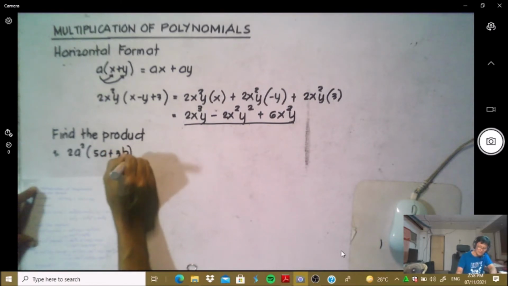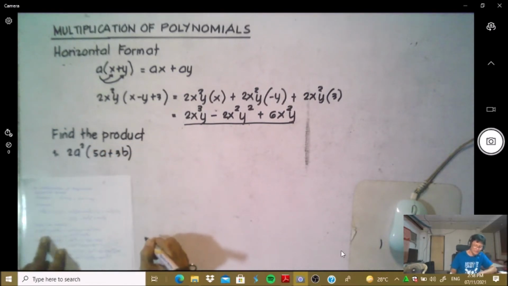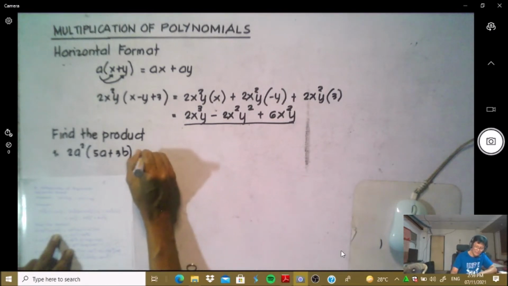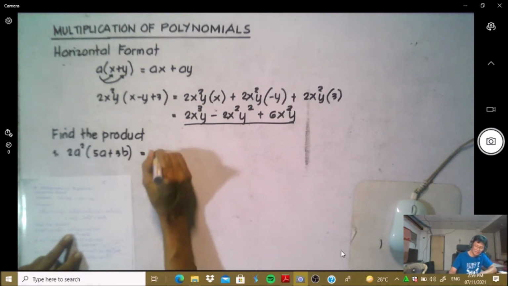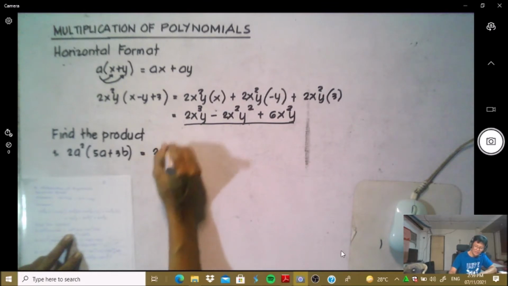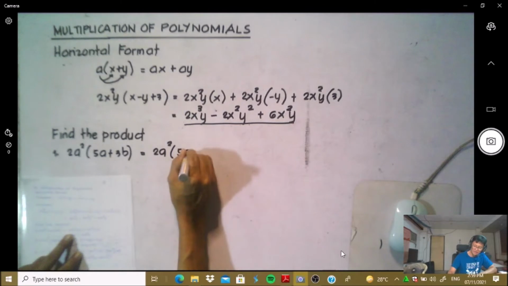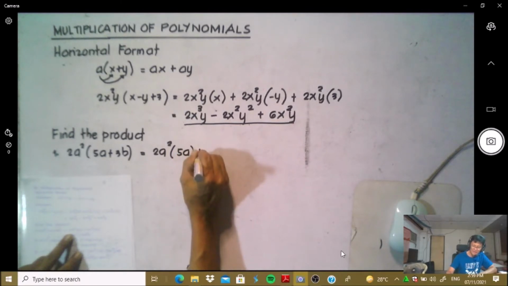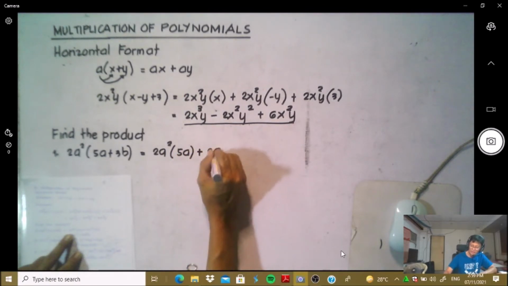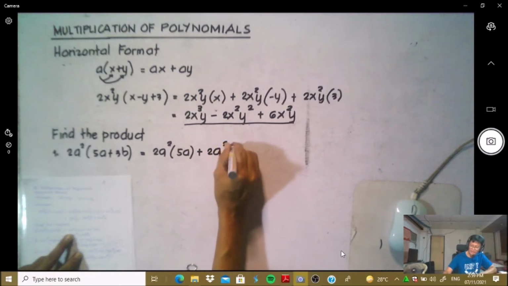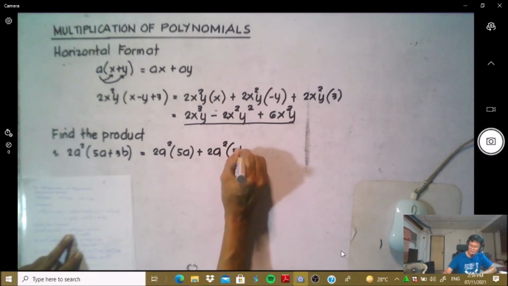Okay, so let's check. We have 2a squared multiplied by 5a plus 3b. So we have 2a squared multiplied by 5a, then plus 2a squared multiplied by 3b.